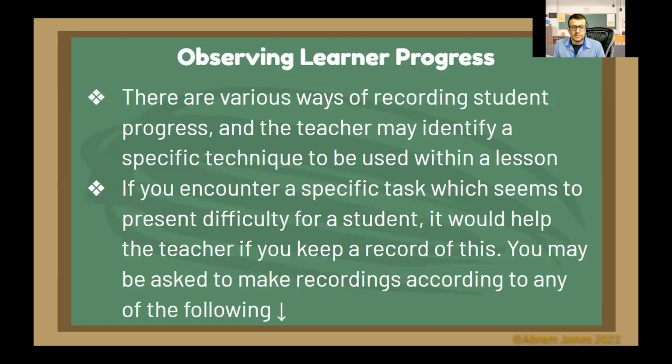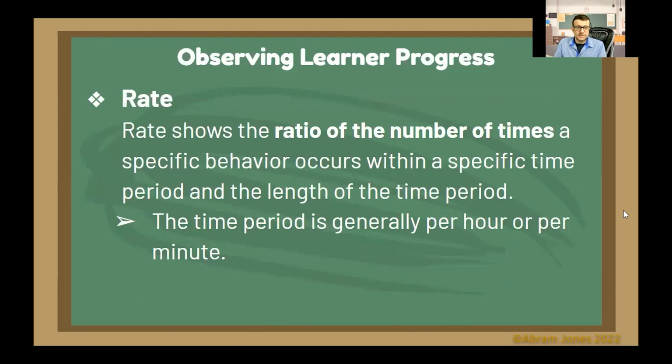You may be asked to make recordings according to any one of these things. The first of these being rate. Rate shows the ratio of the number of times a specific behavior occurs within a specific time period and the length of the time period. The length of the time period is usually per hour or per minute.